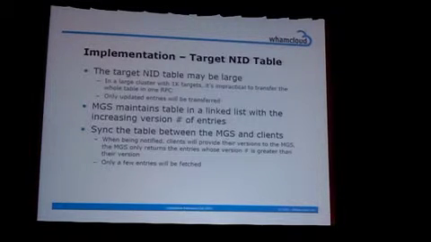When we are syncing the table between the clients and the server, the clients will provide their cached version number to the MGS, so that the MGS will find out the difference between these two versions, and then only return the entries which have been updated between these versions, and those entries will be transferred to the clients.